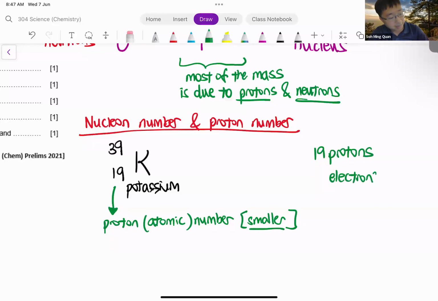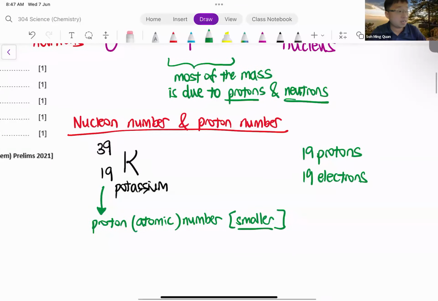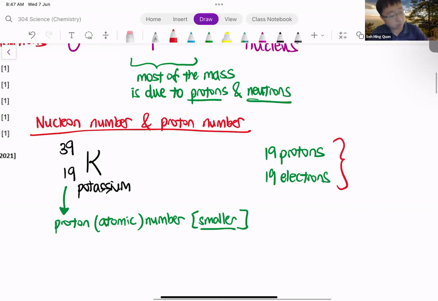Now, if it has 19 protons, it also has 19 electrons. And this is an important concept: for atoms, the proton number is equal to the electron number. Later on we'll do ions in a short while, that's different.